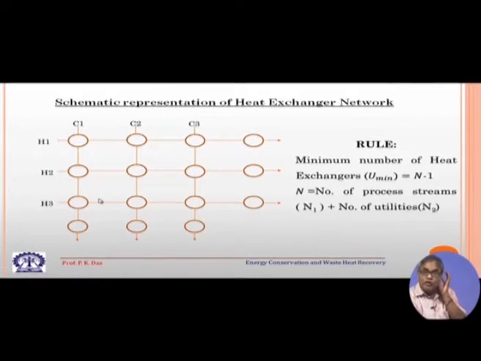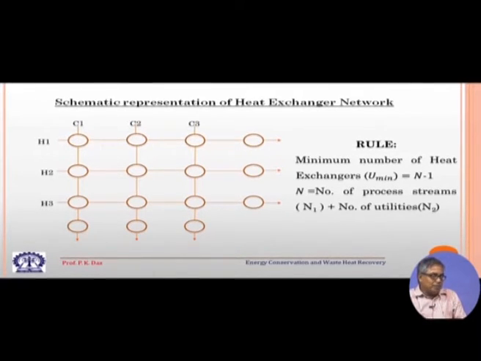This is true for the hot streams also. While a particular hot stream is moving toward the target temperature, intermediately it will reject heat to some cold streams, but ultimately it might need cooling by some cold utilities at the end to reach the target temperature precisely.